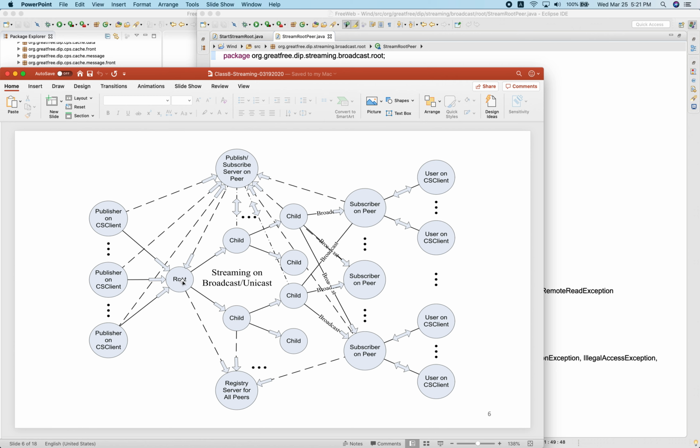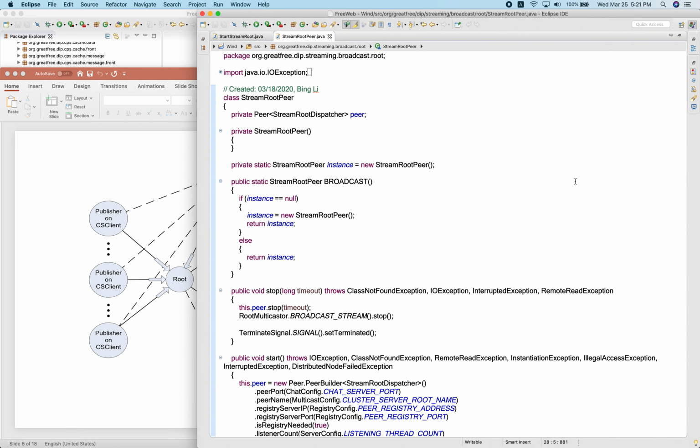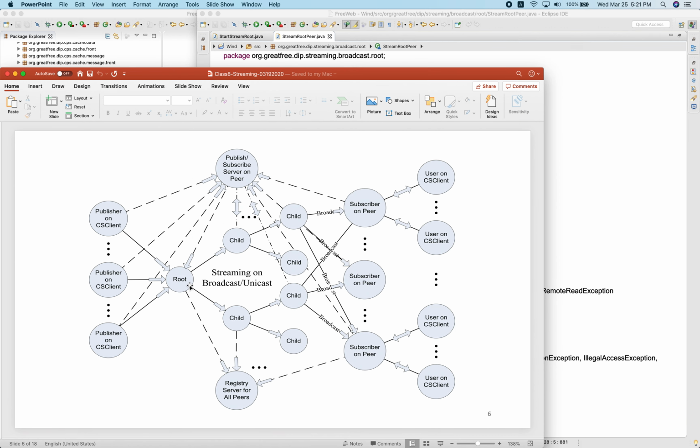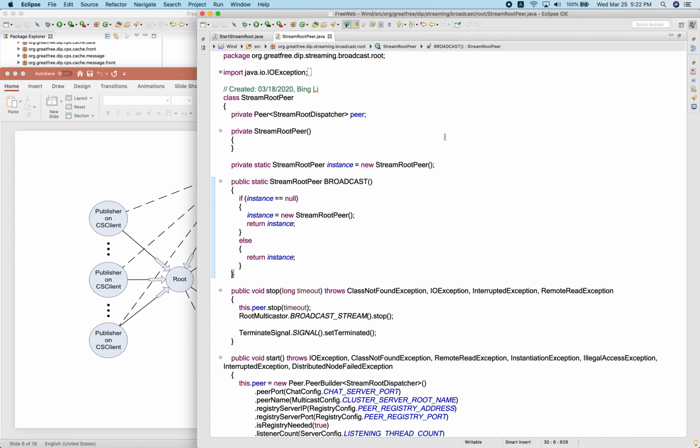All the data should start from here. The stream also starts from here. So let us take a look at the root. Because this root is the top of the hierarchical structure, there's no difference from what we have seen before. So we can talk about this quickly.